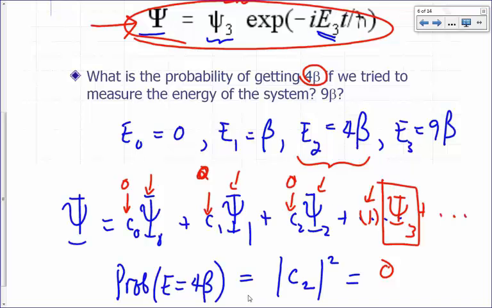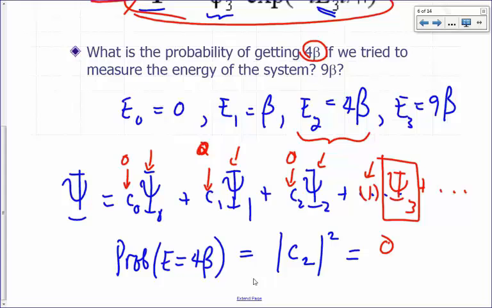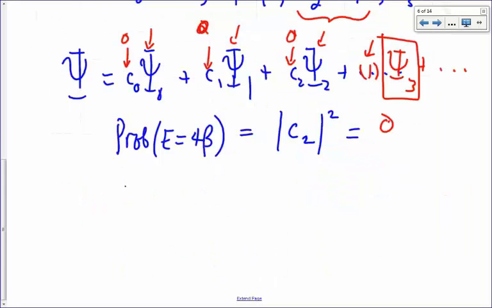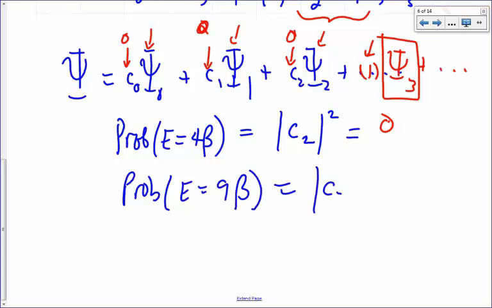Okay? What's the probability that you're going to get 9 beta? Well, 9 beta is the energy corresponding to psi 3, so the probability of getting 9 beta is 1. Absolute value of C3 squared, so that's just going to be 1 squared. In other words, that's basically what we said.